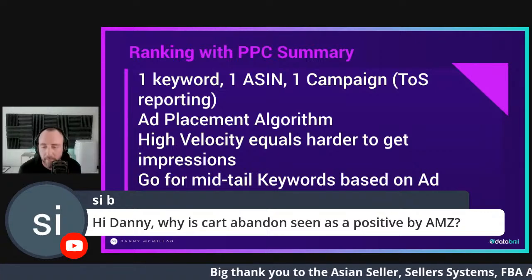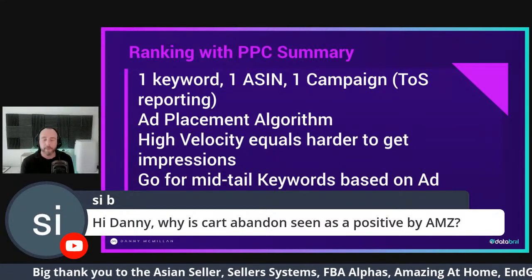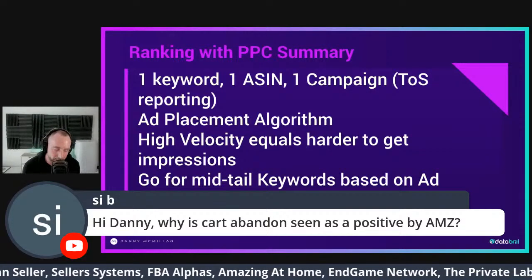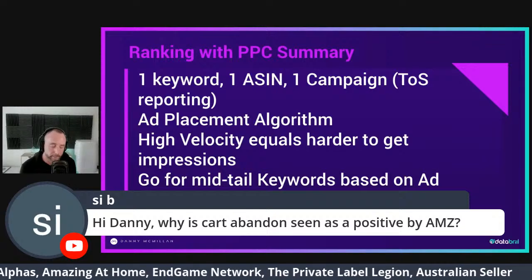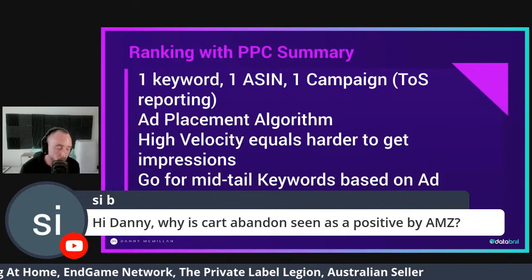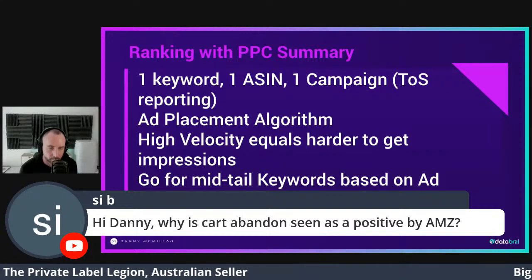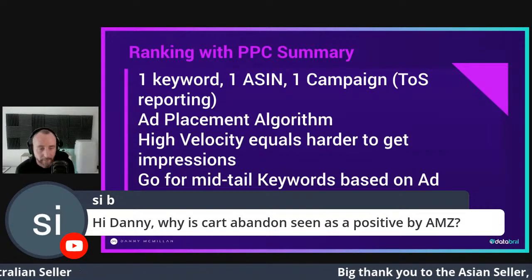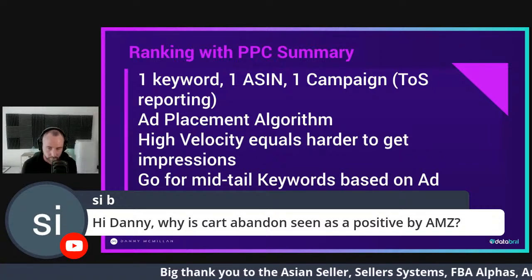Where is cart abandonment seen as a positive by Amazon? Good question. Right. So we're not talking about cart abandonment that Amazon sees as a positive. What I was saying, and maybe I wasn't clear in the presentation, is that normally for a third-party website, the biggest trouble is cart abandonment, right? They're set up because of the amount it costs to push them down the funnel. Then they leave. Then they want to use emails and various different tools to bring them back, right?